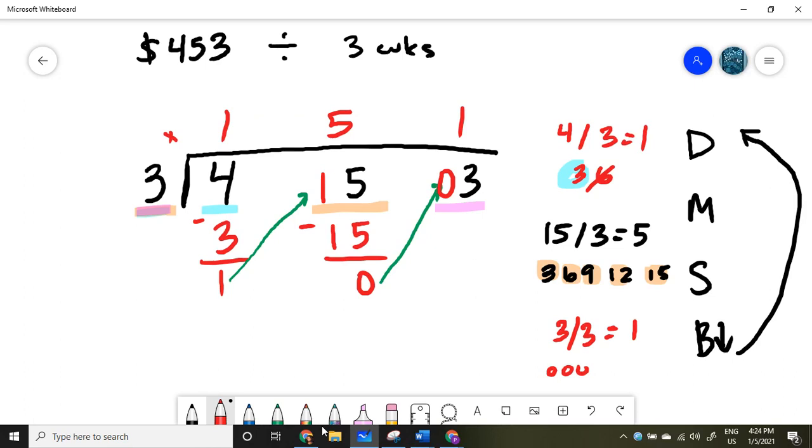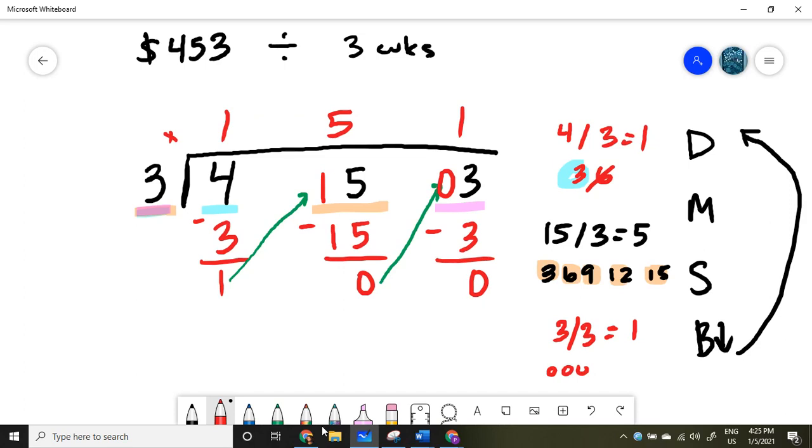Then I multiply. 1 times 3, that's 3. Then I subtract. 3 minus 3, that's 0. Once again, I don't have any remainder at the end of my number. My final answer, my quotient, is 151.